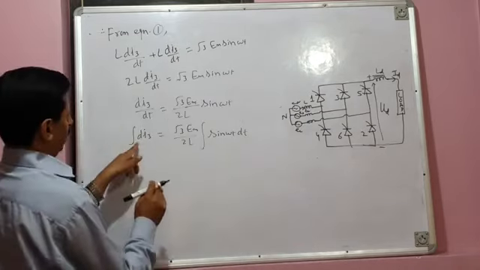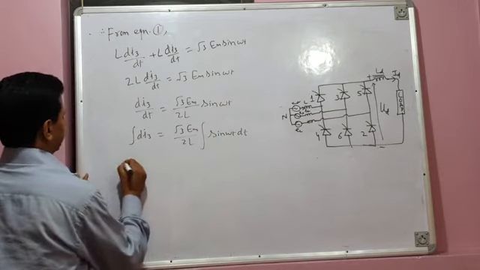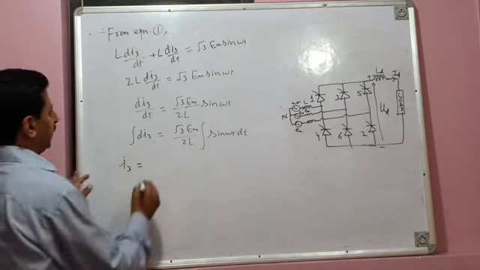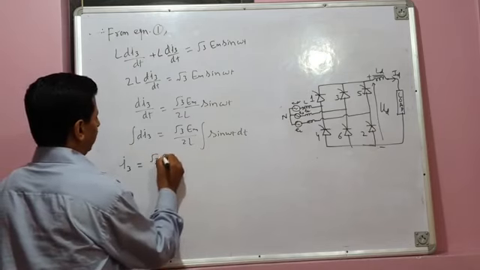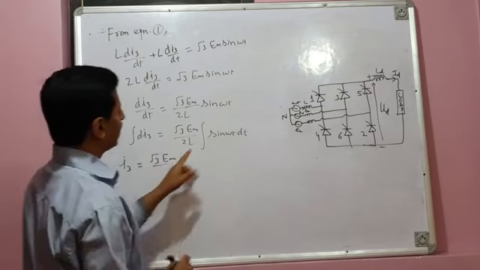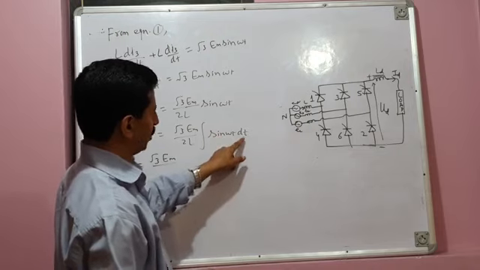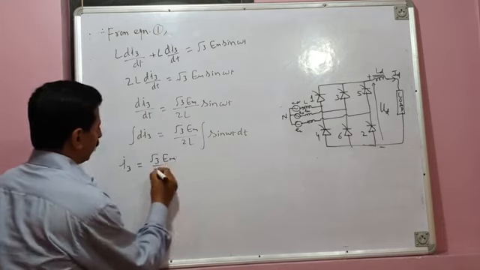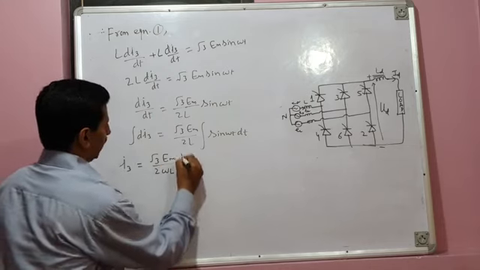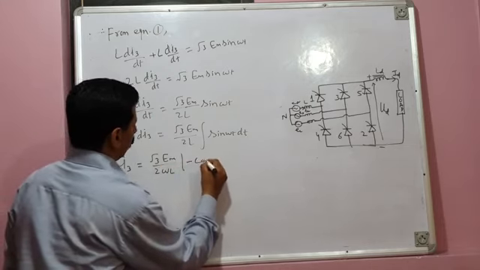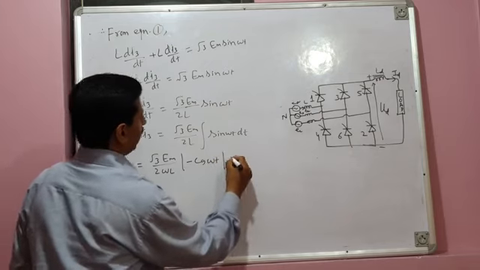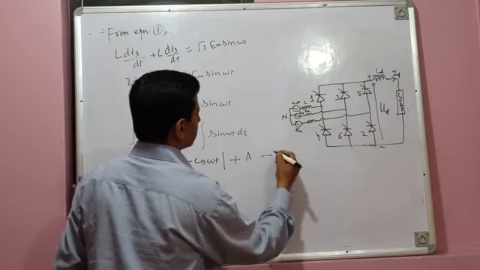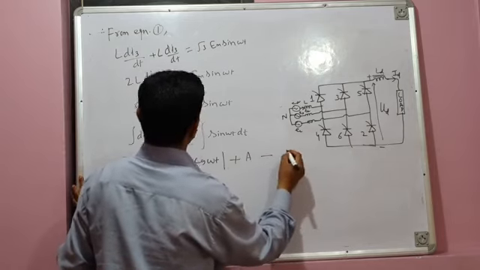The integration of di3 is the valve current I3 itself, and I3 is equal to root 3 EM by, what is the integration of sine omega t with respect to t? It is minus cos omega t by omega. So that omega I take here. This integration will be minus cos omega t plus A, where A is the constant of integration. Let us call this equation 2.